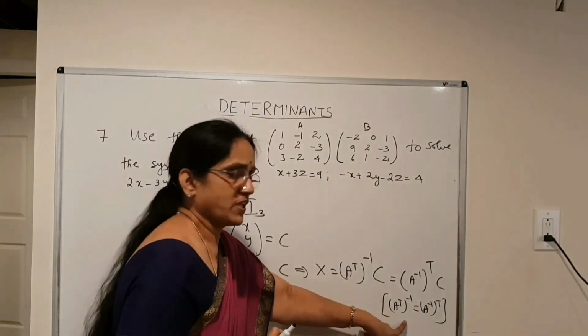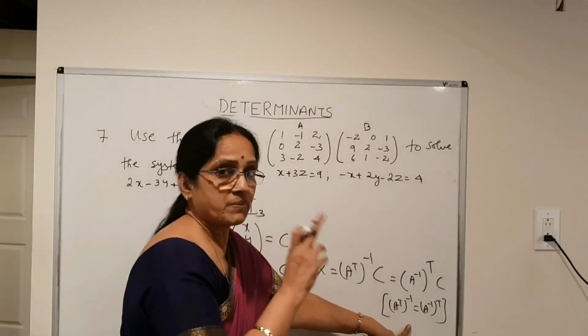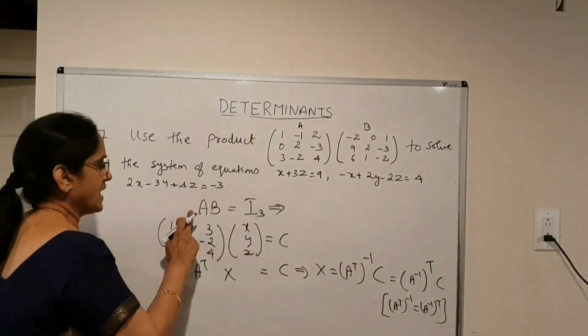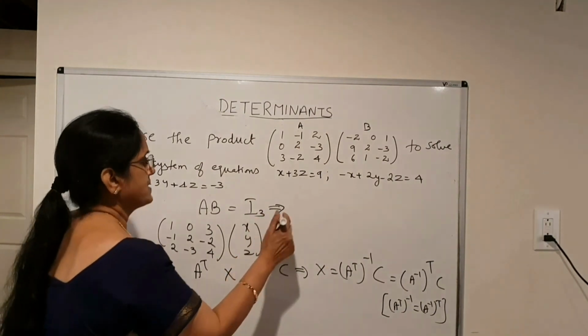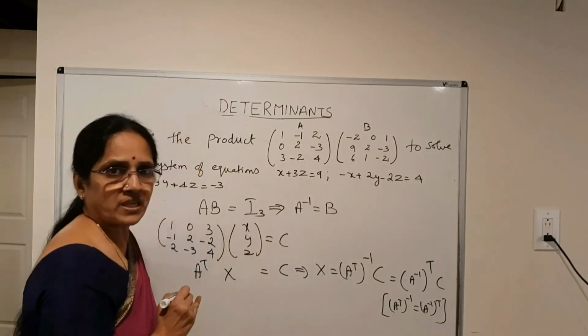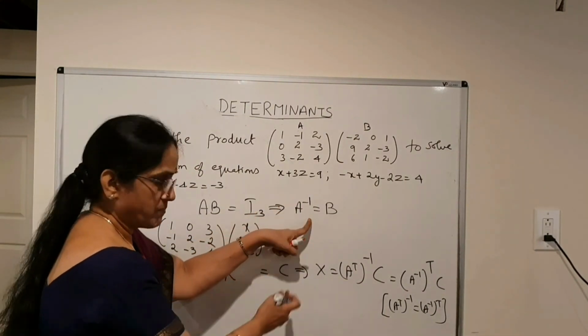This should be written by you in the examination if this type of question is asked. Even the previous sum also, I told you this step is very, very important: A into A inverse will give me I. This implies A inverse is nothing but the matrix B. So very, very important. This also should be written by you.